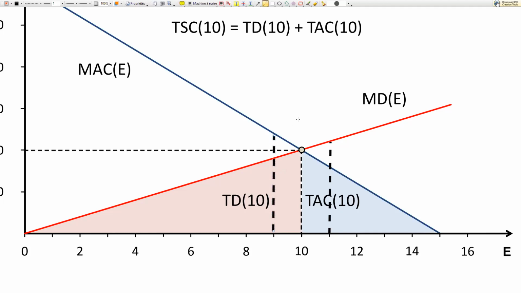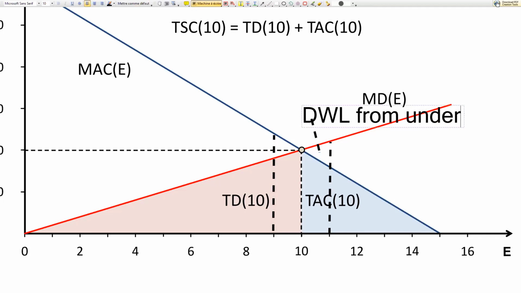So in both cases, you would have deadweight loss from under reduction, under abatement.